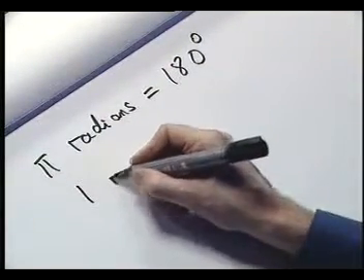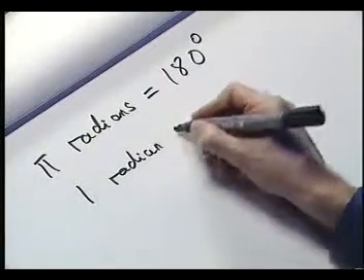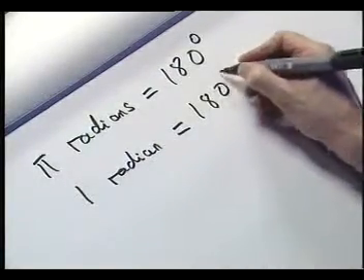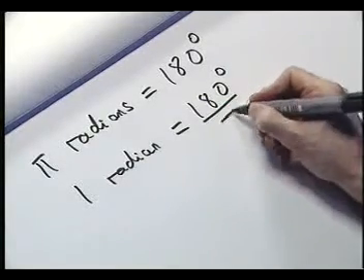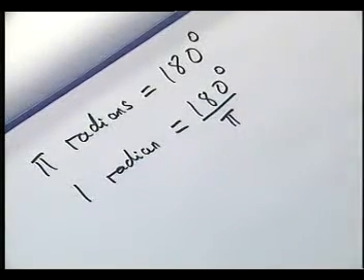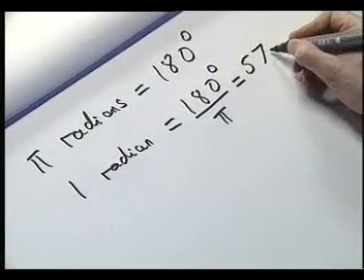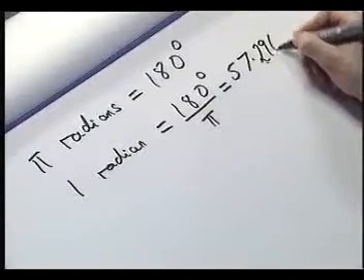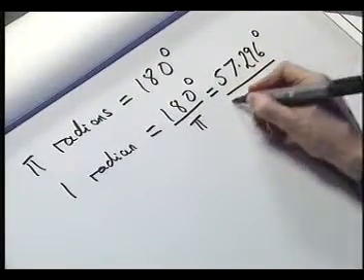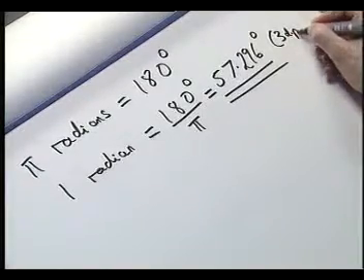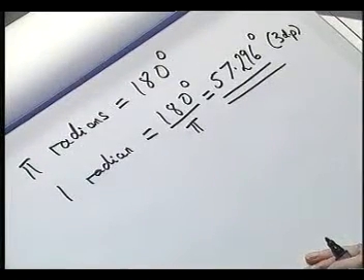So 1 radian must be 180 degrees divided by pi. And if we use a calculator to do that, we find that the answer is 57.296 degrees to 3 decimal places. Now, it's actually rare that we need to do this particular calculation, but what it does do is it gives us some idea of exactly how big a radian is.